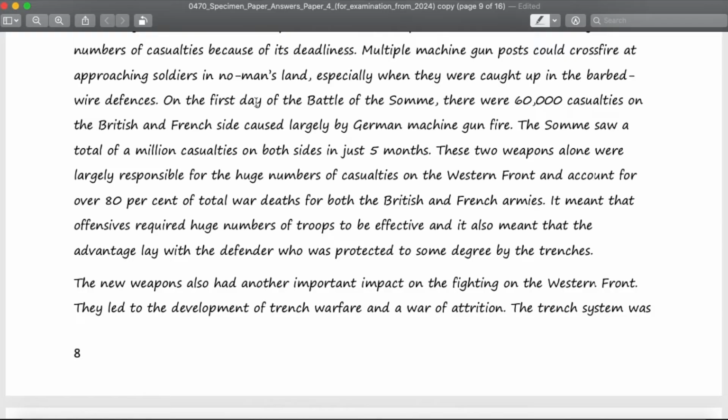Here's some more good terminology that's being used in the essay: no man's land. More numbers of casualties, 60,000 on the British and French side. 1 million casualties in 5 months for this Battle of the Somme.